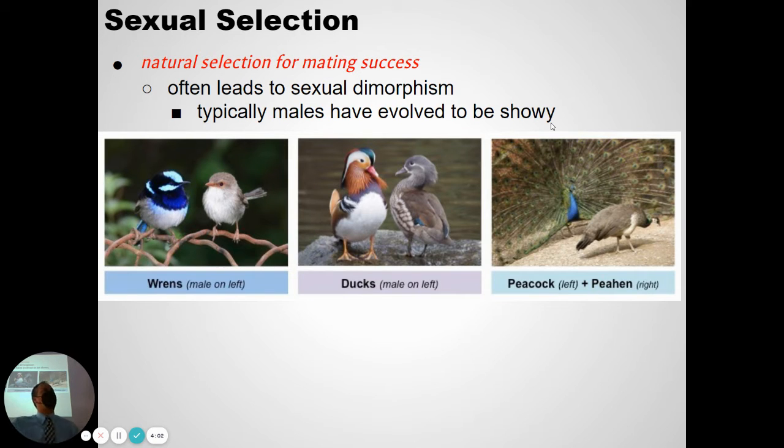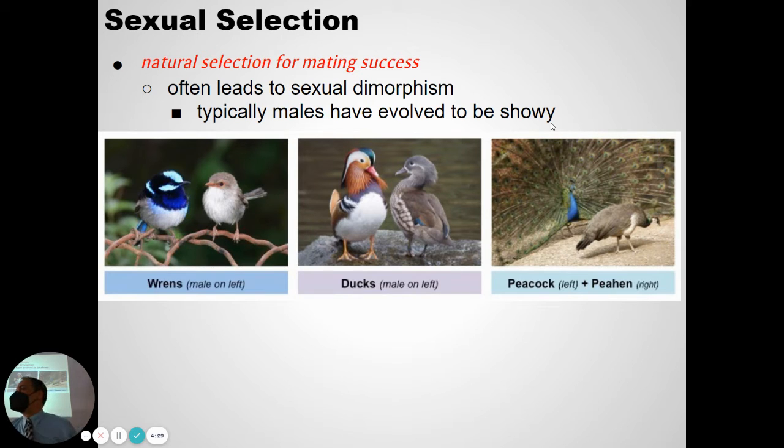What's the selection for the females to be drab in color? We see the females in all of these situations are just kind of grayish, brownish. What's the selection there? Yeah, but there's something else to it too, John.